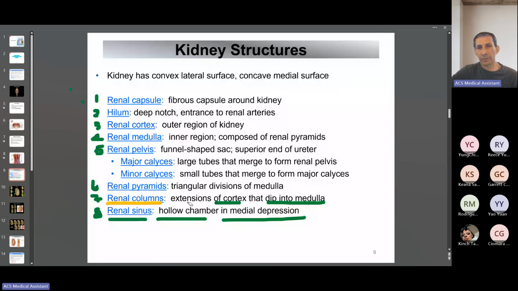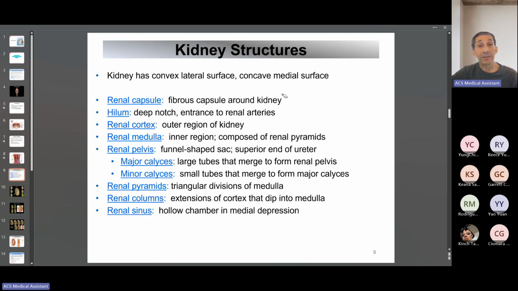Here with all these, these are the major structures, something that we can see, large structures internally within the kidneys. But once again, now we're going to see the microscopic structures, because the functions of urine formation happens within the small structures.